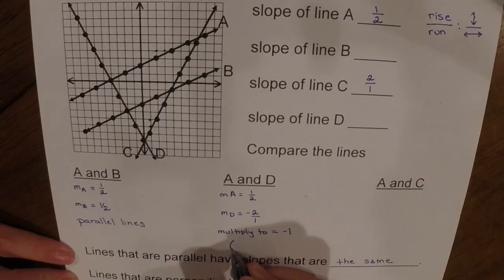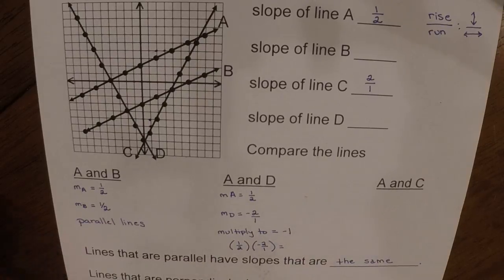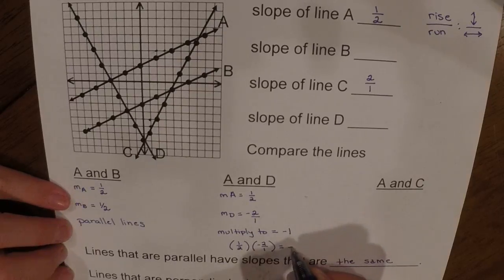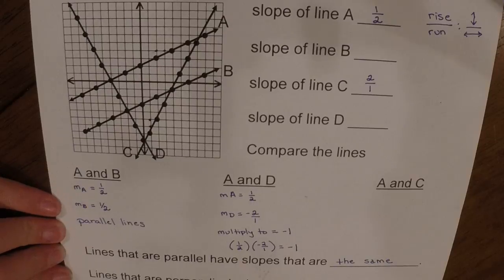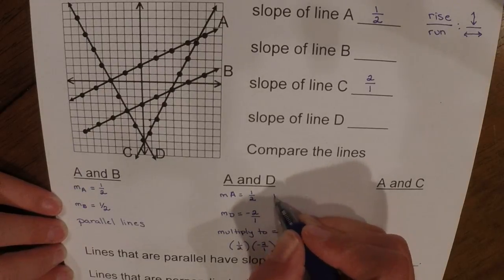So we can put in our calculator 1/2 times -2/1. And if we put that in, it does come out to be -1. So these would be perpendicular lines.